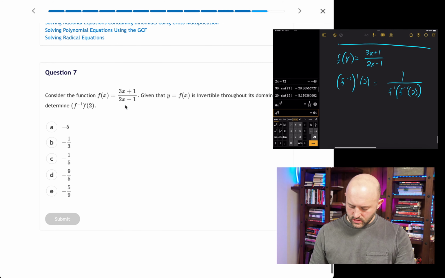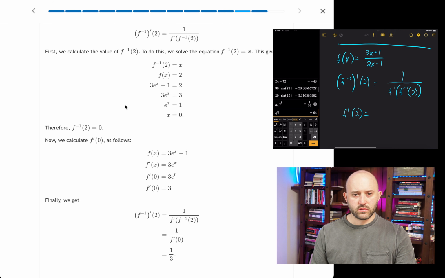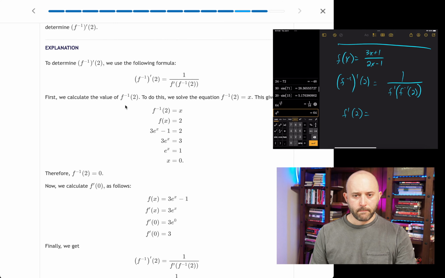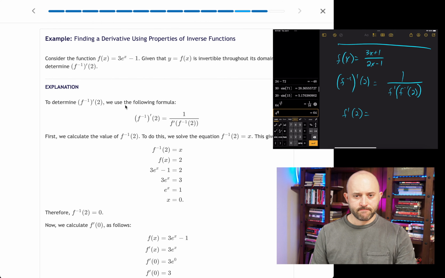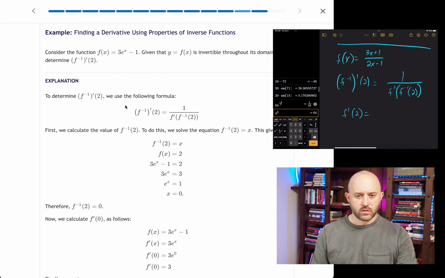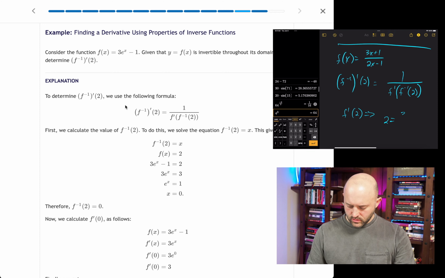Okay, so let's just see. What is f inverse of 2 equal to? Which implies 2 equals (3x plus 1) over (2x minus 1).